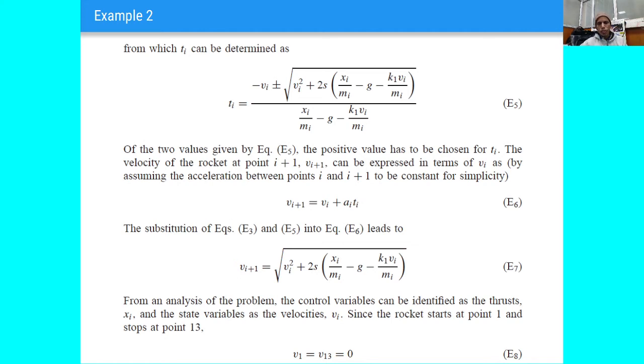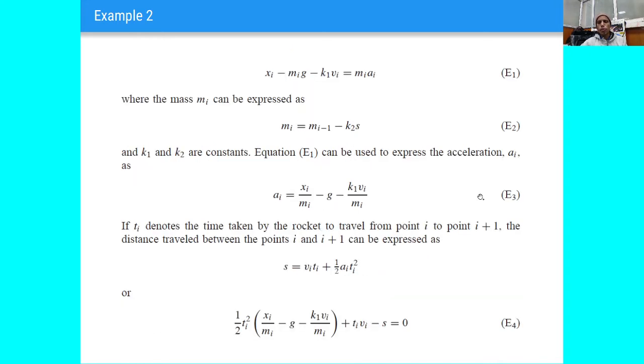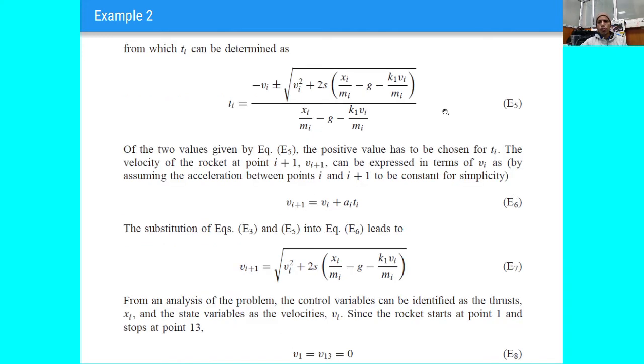If we put the value of ai and ti into equation number 6, where ai we are taking from equation number 3 and ti from equation number 5, and simplify, this will end up as vi equal to square root of v square plus 2s xi upon mi minus g minus k1 vi upon mi.